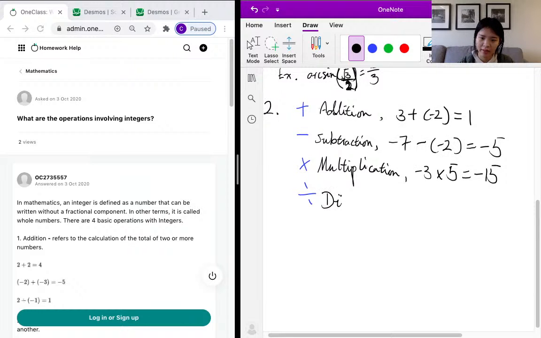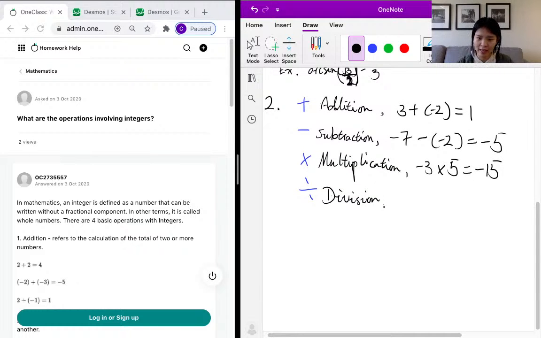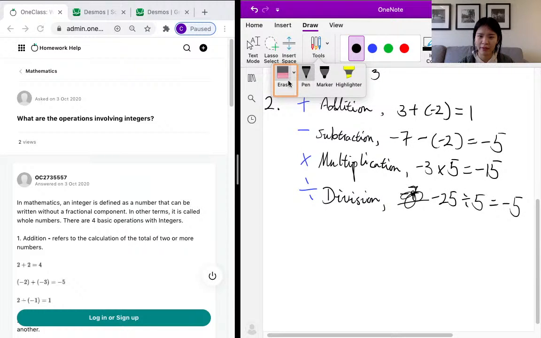Now, the last of our operations is division. Let's do a whole number: -25 divided by 5, which is equal to another integer, -5.